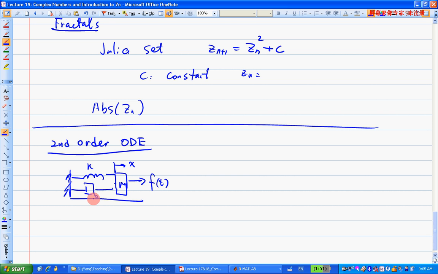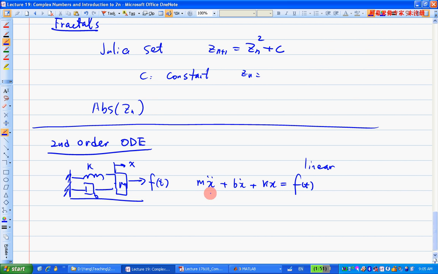This is a mass spring damper system, and if you recall, the equation of motion for this one is m x double dot plus b x dot plus k x equal to f of t. So this is a second order ODE. It's actually linear in this case.